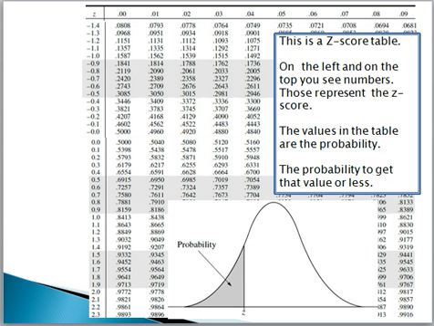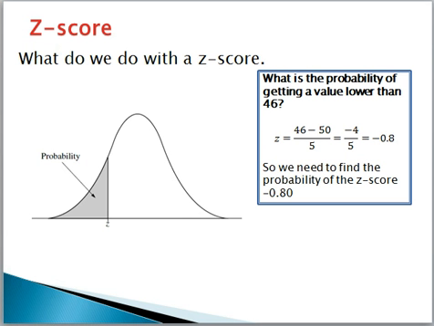If you look at the -1.40 on the top, that value of 0.0808 is the probability of having a z-score of -1.40. And that is the actual area underneath the graph. That's again what we're looking at. And it's always to get that value or less.